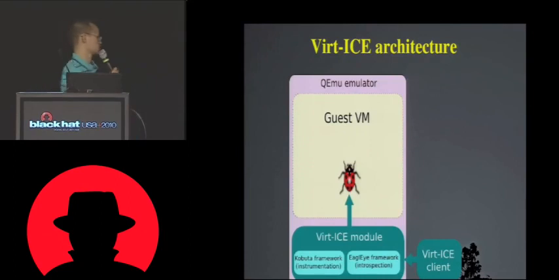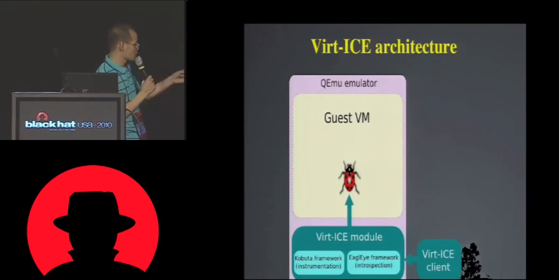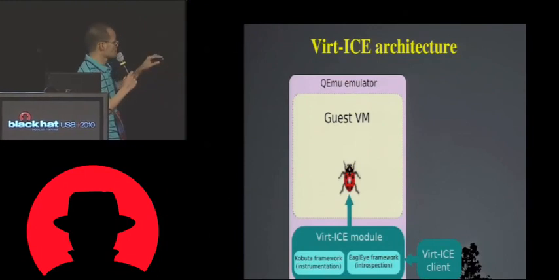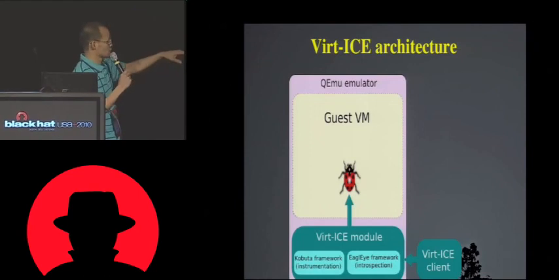Okay, so here's the architecture. VirtICE consists of two components. The core component runs inside the emulator layer of QEMU, and the VirtICE module runs inside the QEMU process below the guest virtual machine. VirtICE is built on top of two frameworks.